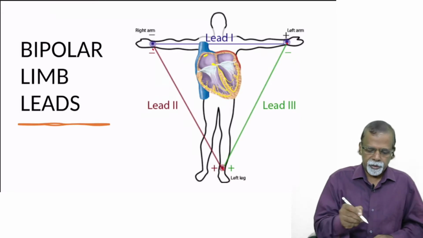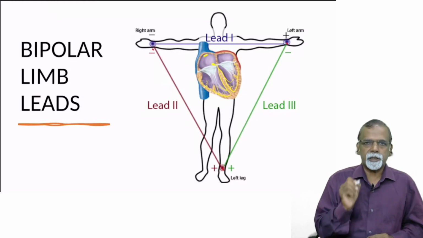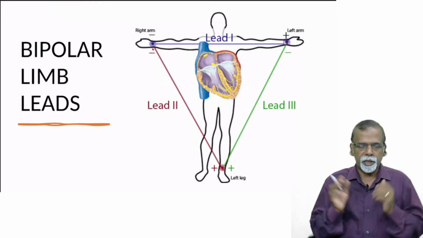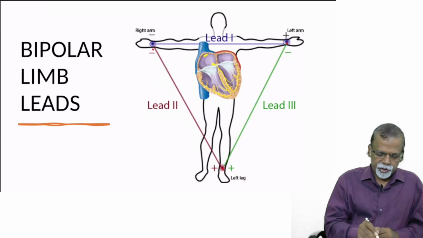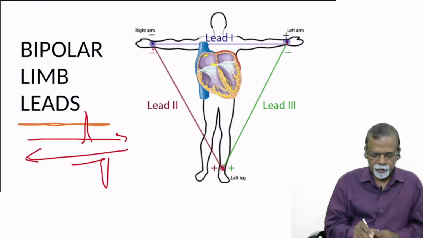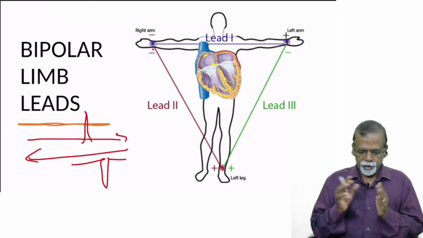You should remember the positive pole of the machine is the exploring electrode, and the electrocardiogram depends upon the exploring electrode. In the last session we said when the current goes towards the positive pole, it will produce a positive deflection. When the current goes away, it will produce a negative deflection. That is why you should remember the polarity of the leads.